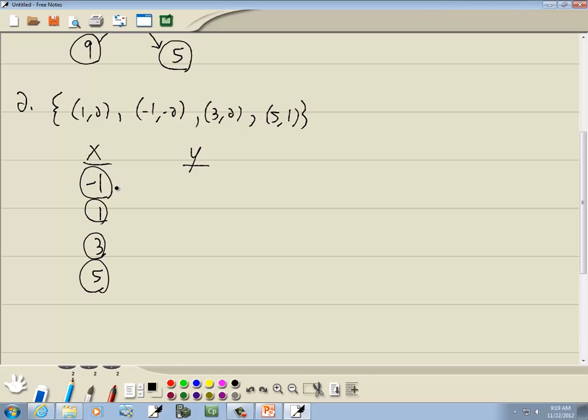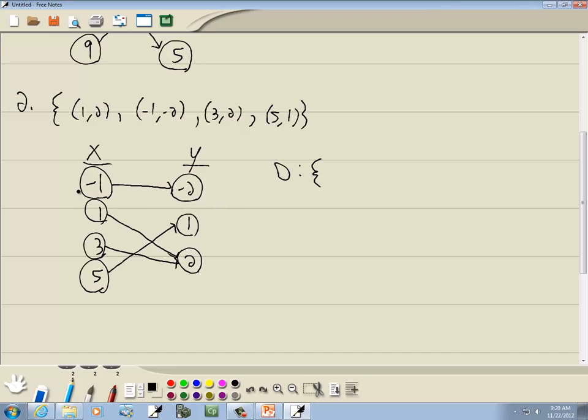And our y values. Looks like our smallest one is -2. The next one is 1. And then the next one is 2. Okay, 1 maps to 2. Negative 1 maps to negative 2. 3 maps to 2. 5 maps to 1. So that's our mapping.